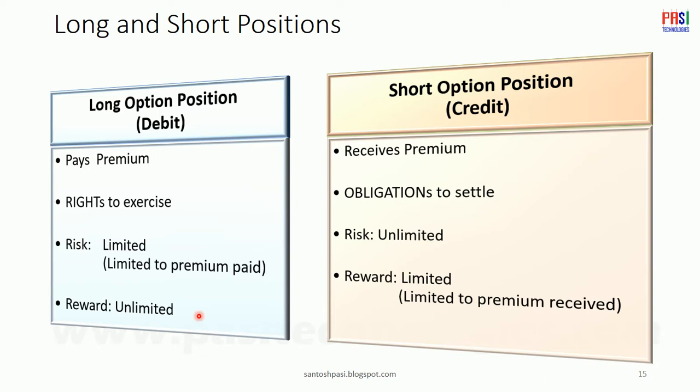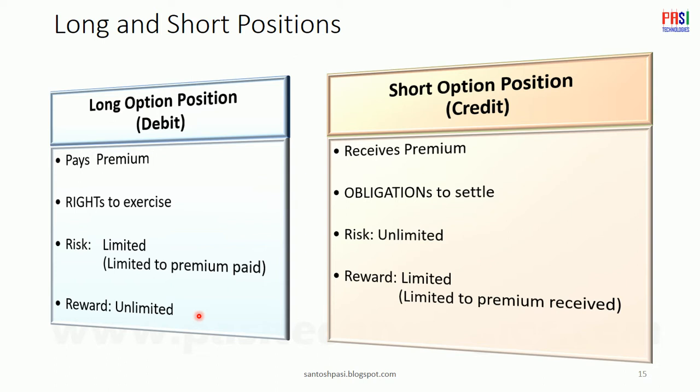Same way if you're shorting the option, your risk is unlimited because let's say the flat cost increases from 60 lakhs to 70 lakhs to 1 crore, still he is going to receive a limited reward. For him the reward is limited versus his risk is unlimited, because material costs, labor costs, maybe government taxes can increase. So if you're shorting the options, you will receive the premium, but you will get the obligation, and your reward will be limited and your risk will be unlimited.